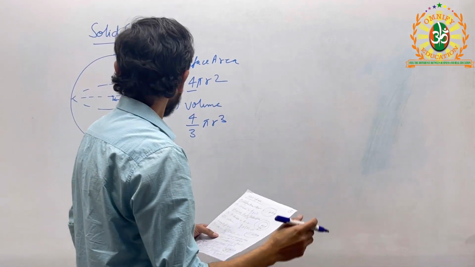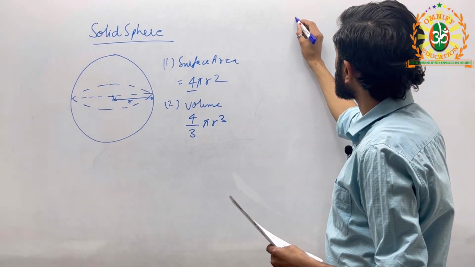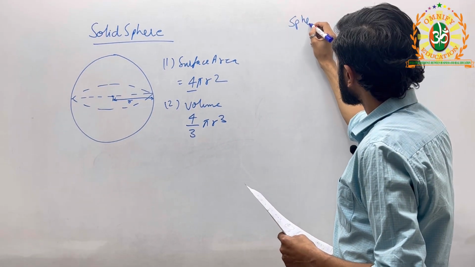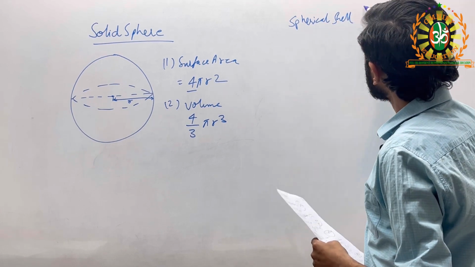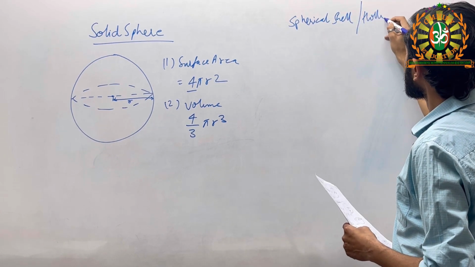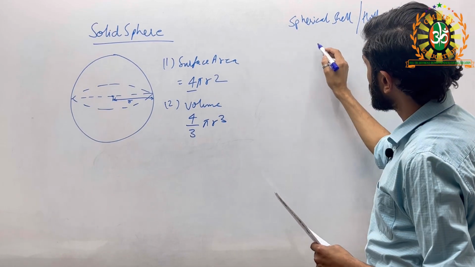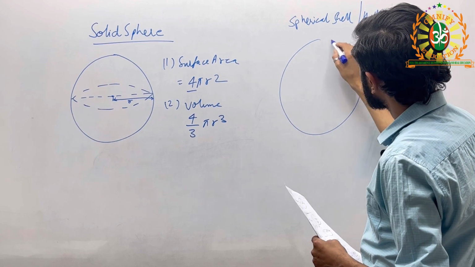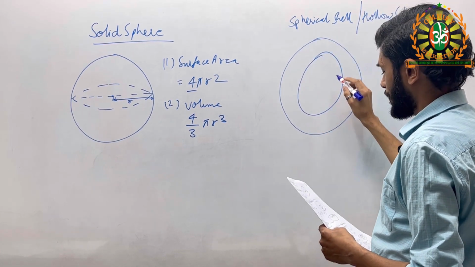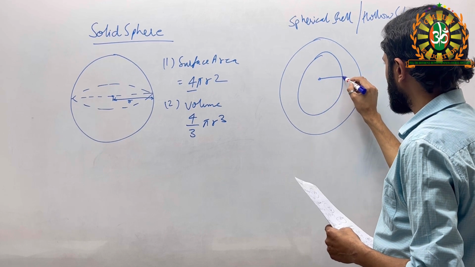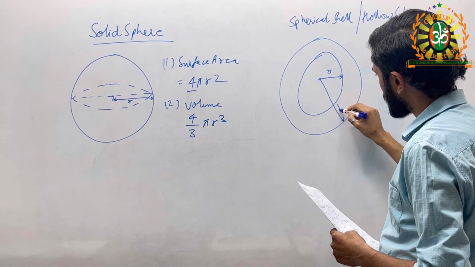Now let us see another shape, the spherical shell, which is also known as hollow sphere. In this case, small r would be the radius of the inner sphere and capital R would be the radius of the outer sphere.